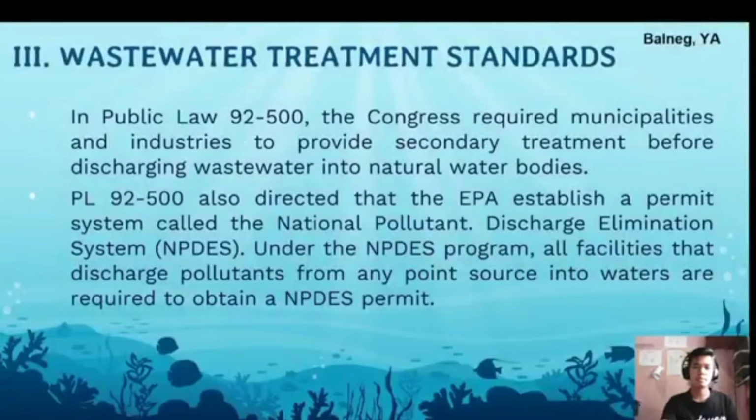Okay, so wastewater treatment standards. In public law, the Congress required municipalities and industries to provide secondary treatment before discharging wastewater. So it is important to have not only pre-treatment and primary treatment, we also need secondary and tertiary treatment before the wastewater is finally discharged in the natural water bodies or the receiving bodies. Why? Because we need to remove all the grit, chemicals, contaminants, and microorganisms still present in the wastewater.